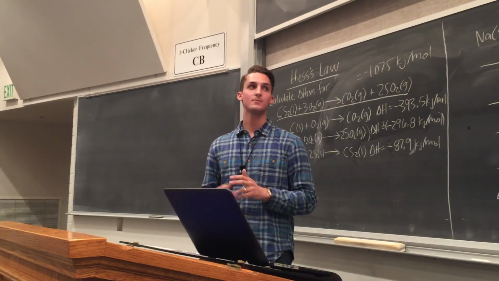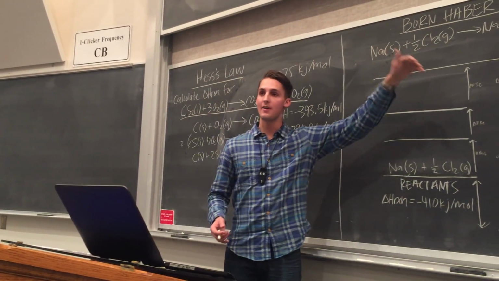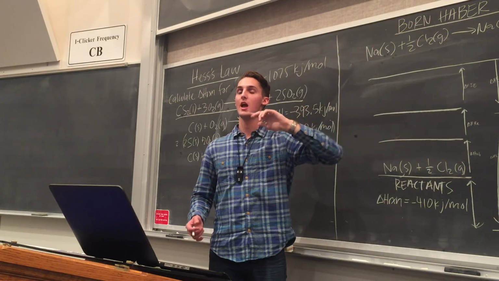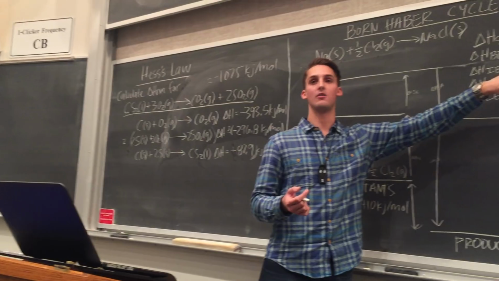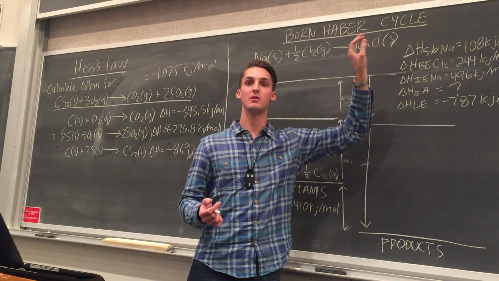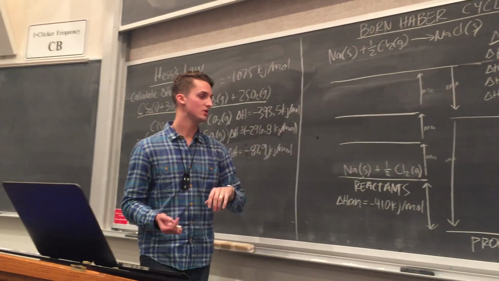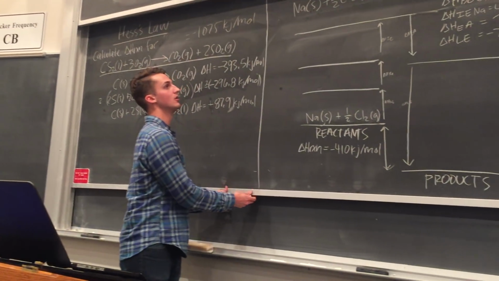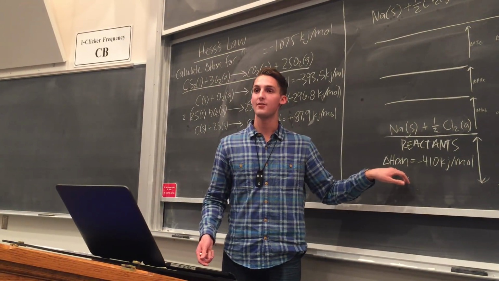Now the way these problems are usually presented is there are different enthalpy changes and different processes that you have to do in the Born-Haber cycle. And what they're pretty much always going to do is leave one of them out. There's always going to be one of them left out. So what you have to do is look at the enthalpy of the reaction.